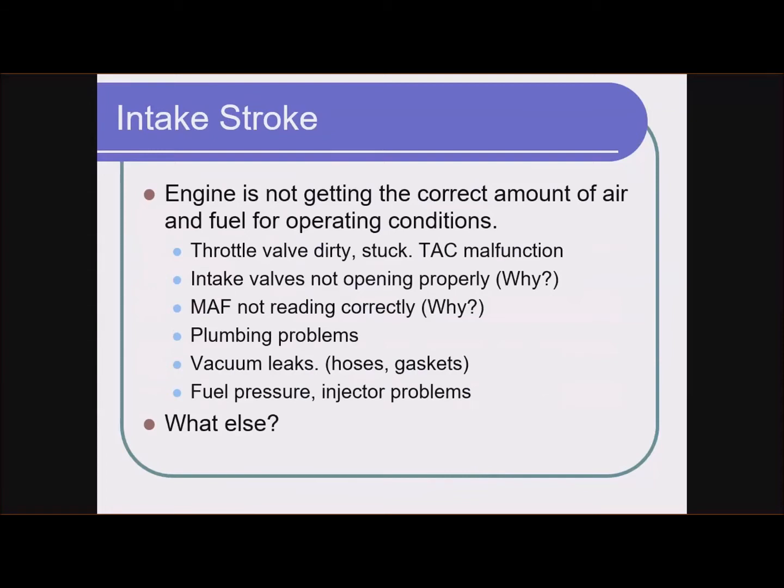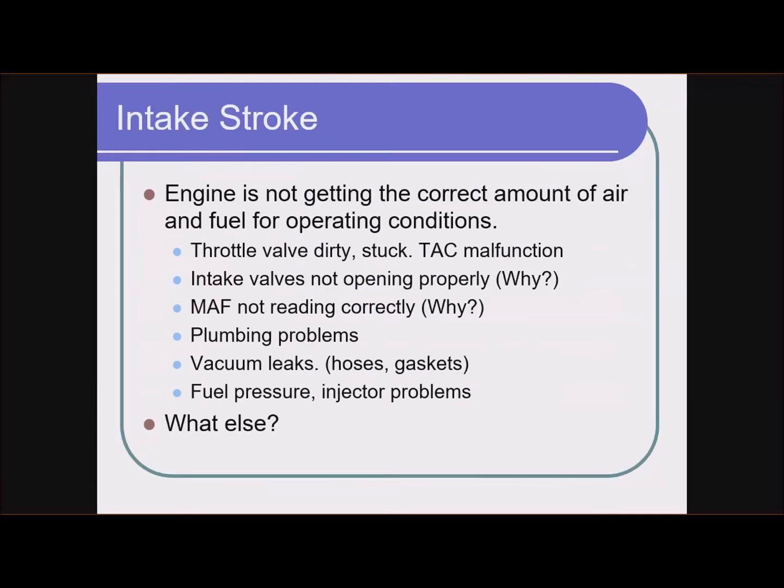Another thing that can happen is what we call unmetered air, or other people have called false air, right? Which is air that's entering the engine, but the computer doesn't know about it. And this can happen if the plumbing between the mass airflow sensor and the engine has leaks in it. So air gets in through those leaks without going through the mass airflow sensor.